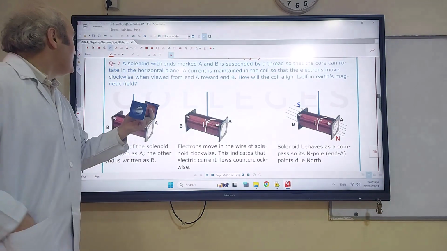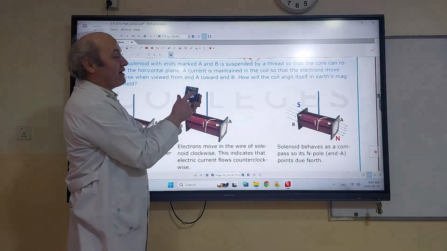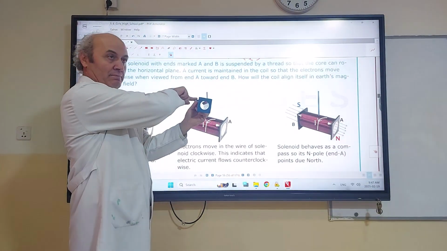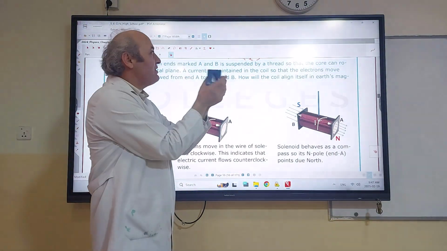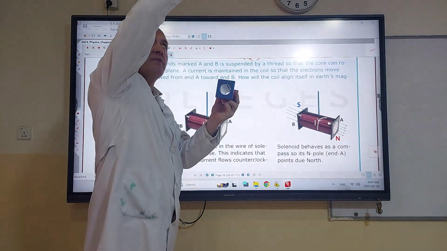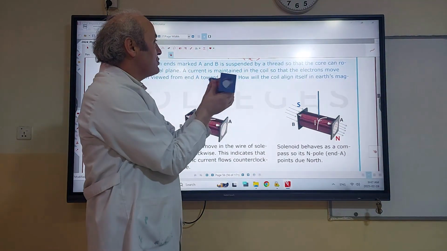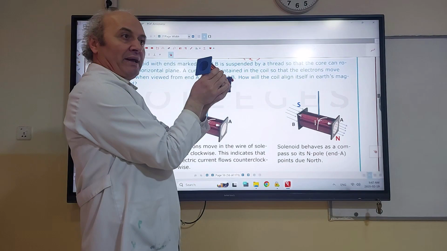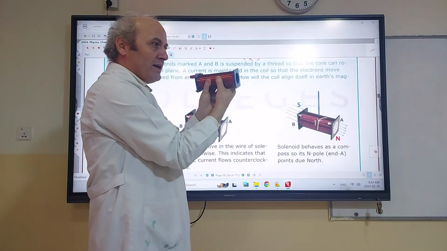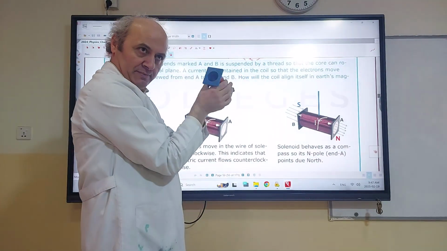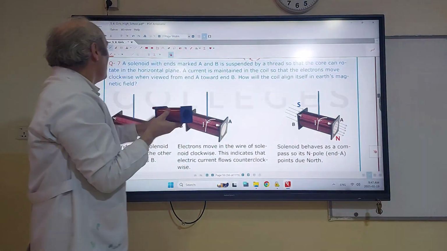So the question says that a solenoid with ends marked A and B is suspended by a thread from the ceiling so that it can rotate around the core. The core can rotate in a horizontal plane, not this way. It can rotate like this according to the given question, in the horizontal plane.